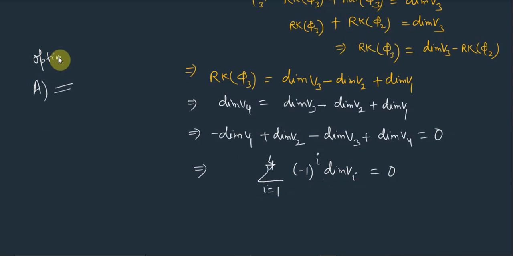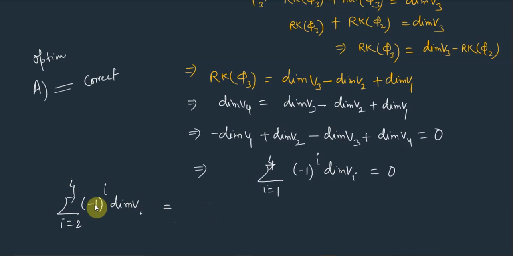Option A is correct. Now look at option B. For option B, we have the sum from i equals 2 to 4 of minus 1 to the power i times the dimension of Vi.